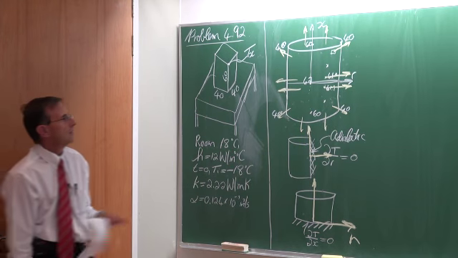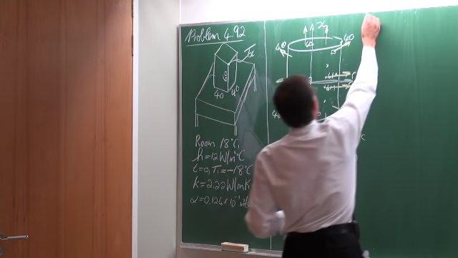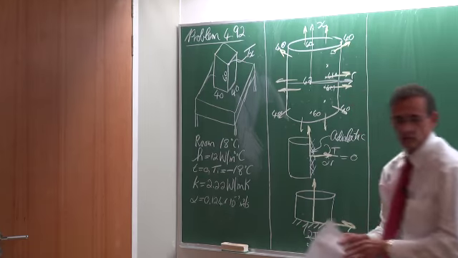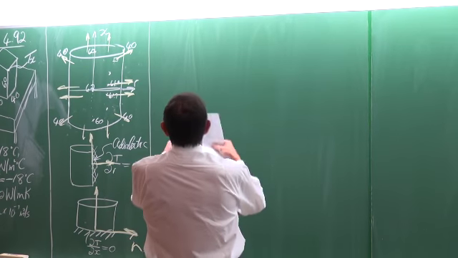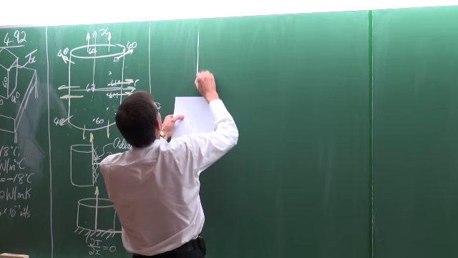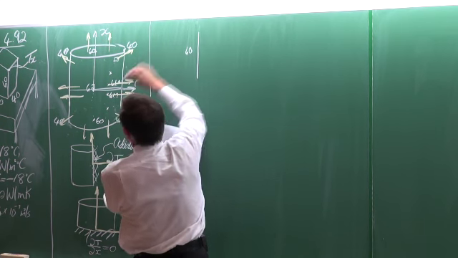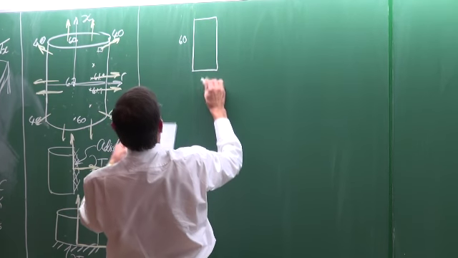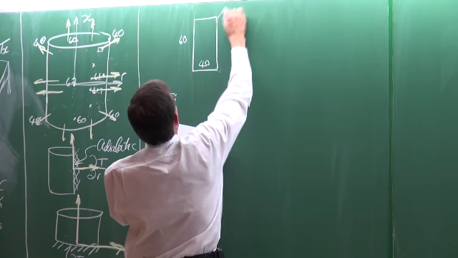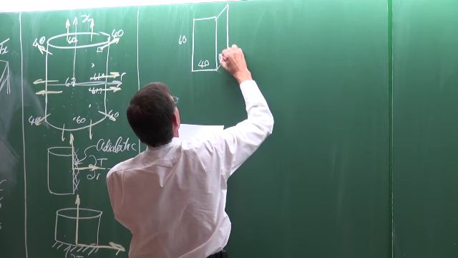Okay? Right. So let's look at the ice. And without now solving the ice, let's just look at the principle first. The principle of the ice is that we've got this block, which is 60 millimeters high, and 40 millimeters wide, and then 40 millimeters in that direction also.